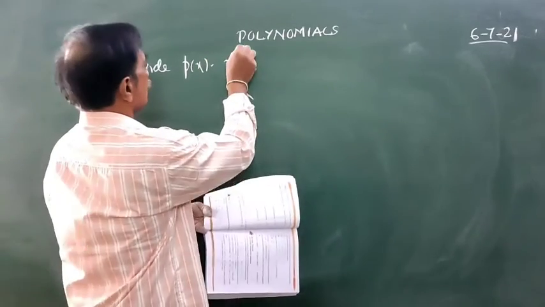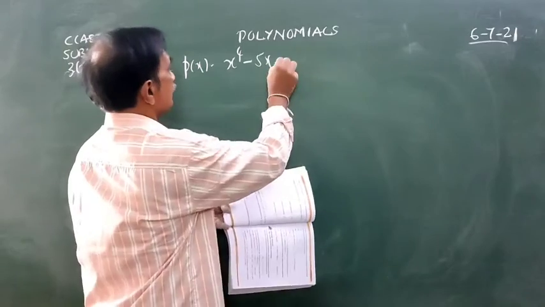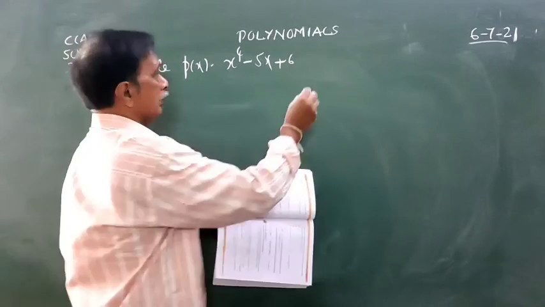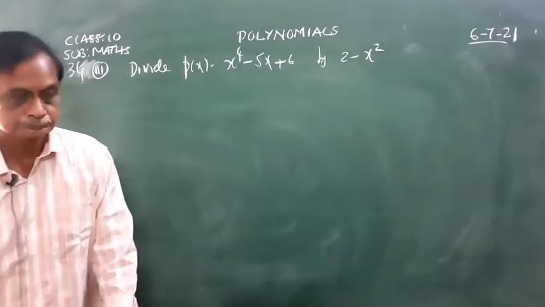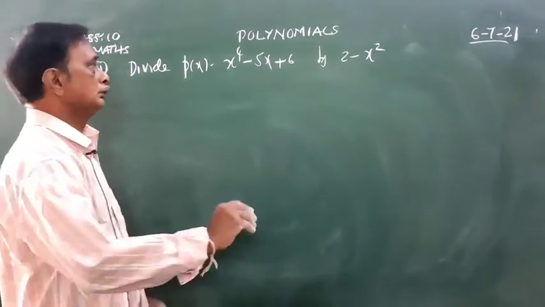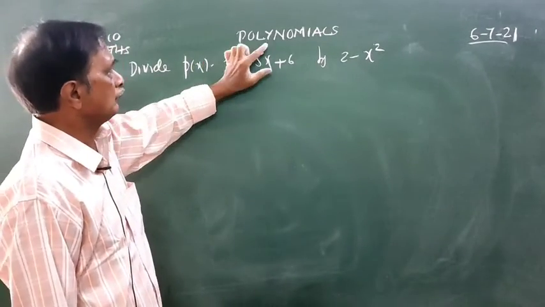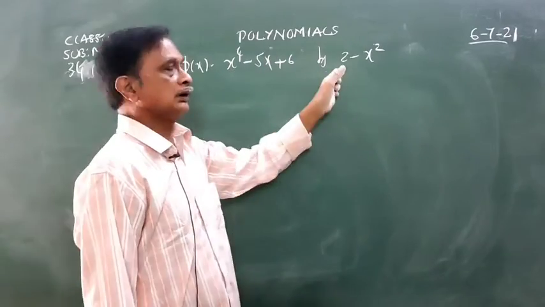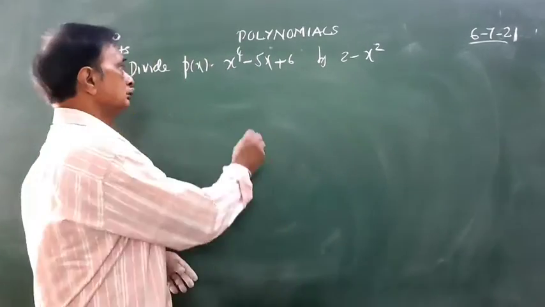X power 4 minus 5x plus 6 by 2 minus x square. So here the dividend is in the descending powers of x, 4, 1, 0. But the divisor is not in the descending powers of x. You have to rearrange it.